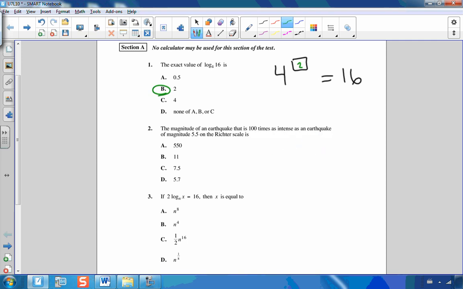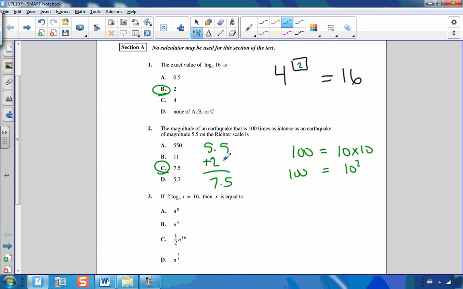Because 100 is 2 factors of 10, or 10 squared in intensity, I know that the earthquakes are going to be 2 units apart. So if it's 5.5, I'm going to add 2 onto that to get 7.5. A difference of 2 units makes a difference of 2 factors of 10 times intensity. So it has to be a 7.5.